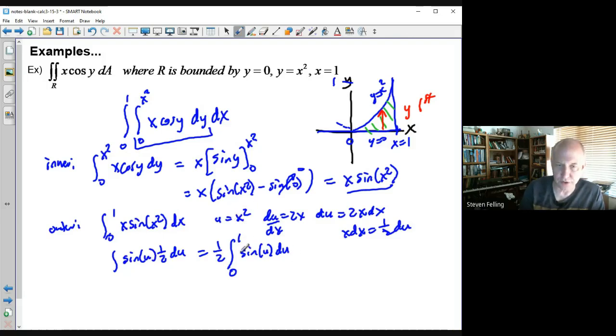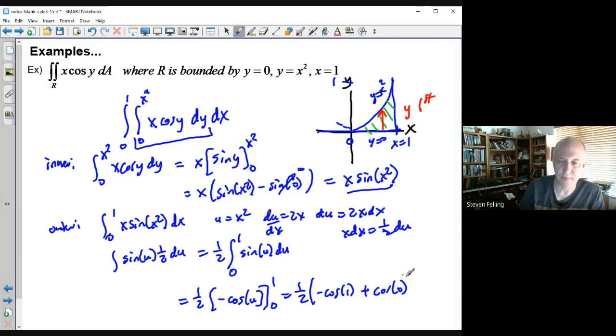Okay, the integral of cosine was sine. The integral of sine is negative cosine. So now I have the 1/2. The antiderivative is negative cosine of u with 0 and 1 plugged in. So I have a half, and I have a negative cosine of 1 minus a negative cosine of 0. Okay. Cosine of 0 is 1, actually.